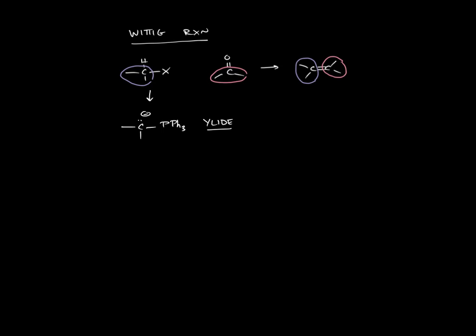You can see that this carbon right here with the C minus is definitely a nucleophile. C minuses are very hard to achieve, but this is achieved through resonance, and that's why this is stable enough to exist. It makes a resonance structure in which we would have a C double bond P, which is very odd, but I will show you what this looks like in just a second.